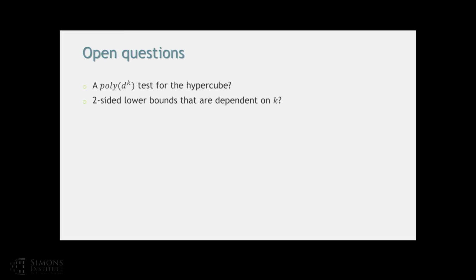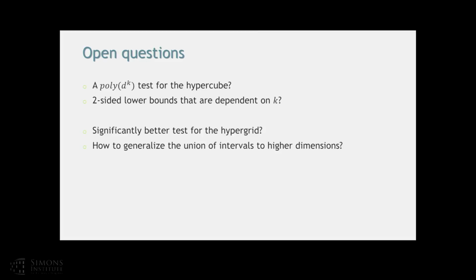We have our nice line case, but does that extend to the grid? I'd like to get a significantly better test for the hypergrid, but again, we're sort of blocked by the cube for the moment. And what is the right way to generalize union of intervals to higher dimensions, where maybe something like distribution testing would be an effective way to approach this problem?